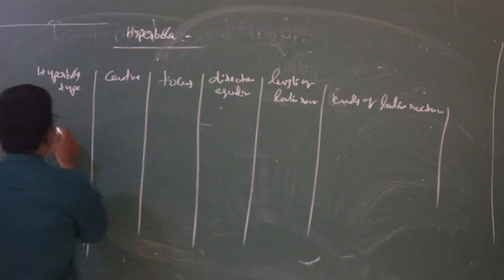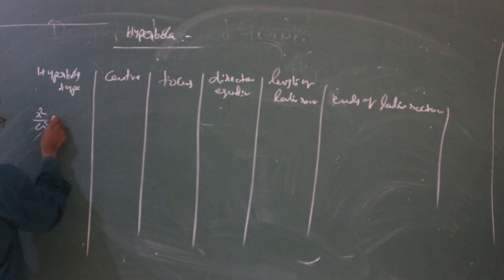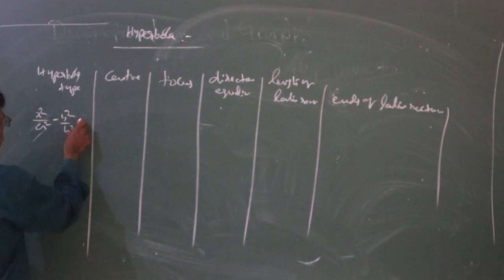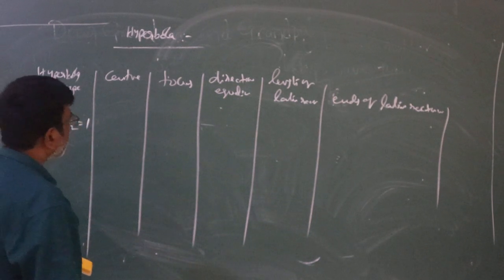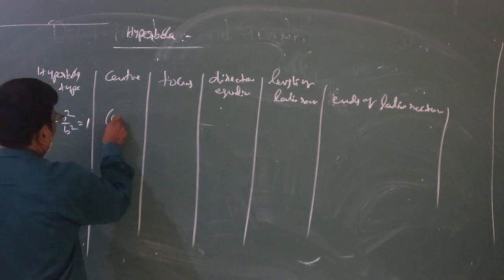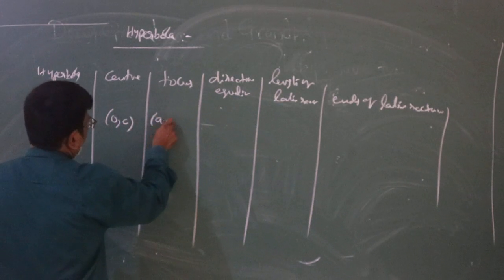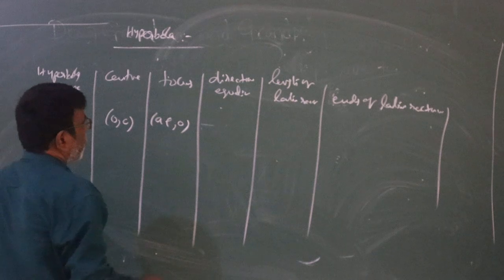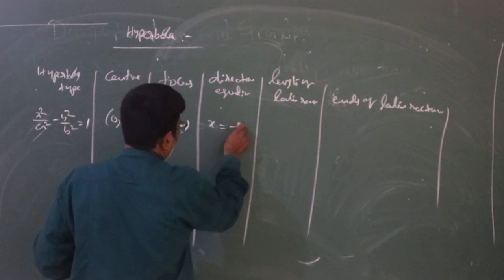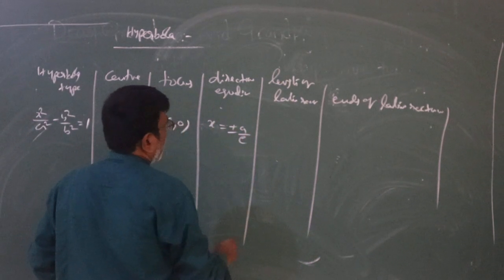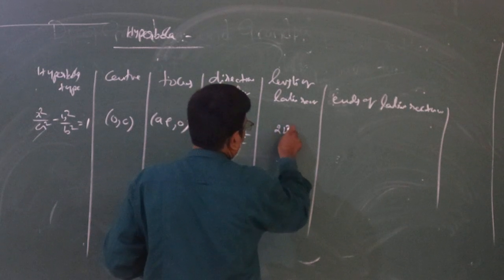First type: x square by a square minus y square by b square equals 1. Center is 0 comma 0, focus is ae comma 0. Equation of directrix is x equals plus or minus a by e, latus rectum is 2b square by a.